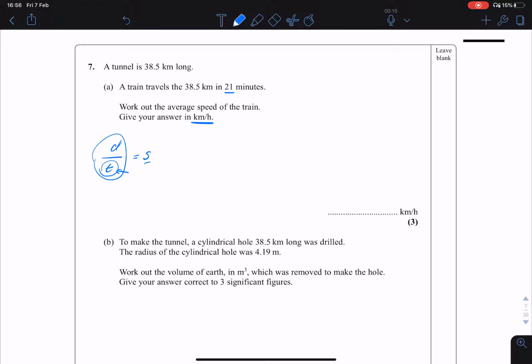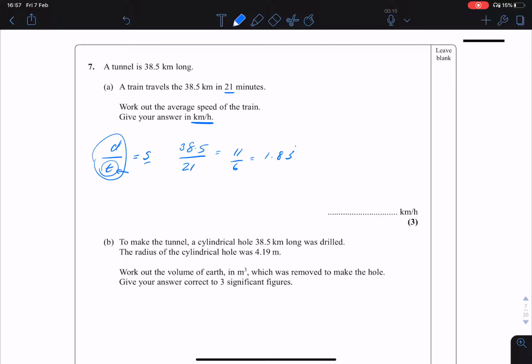We've got distance is 38.5, and I'm just going to do over 21, which according to my calculator is 38.5 over 21, which is 11 over 6, which is 1.83 recurring.